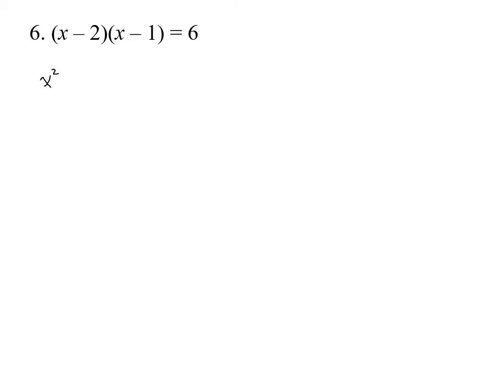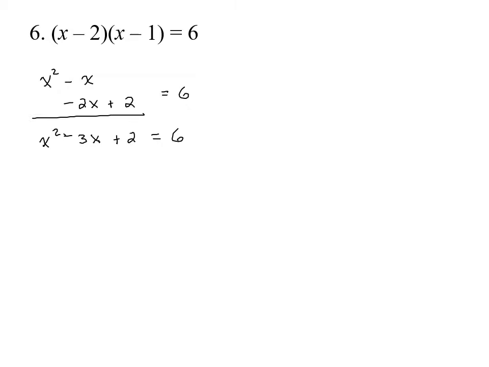X times x gives me x squared. The outside would give me negative x. The inside gives me negative 2x. The last one gives me plus 2. And so that gives me x squared minus 3x plus 2 equals 6. So you have to FOIL it first.